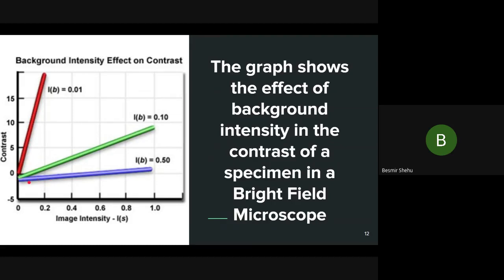The most appropriate one, which all microscopists in this field try to achieve, is this linear representation here, because we don't need too much or too little contrast. We need the right amount for the image to be visible, and for all the contours and image components to be visible to the eye.